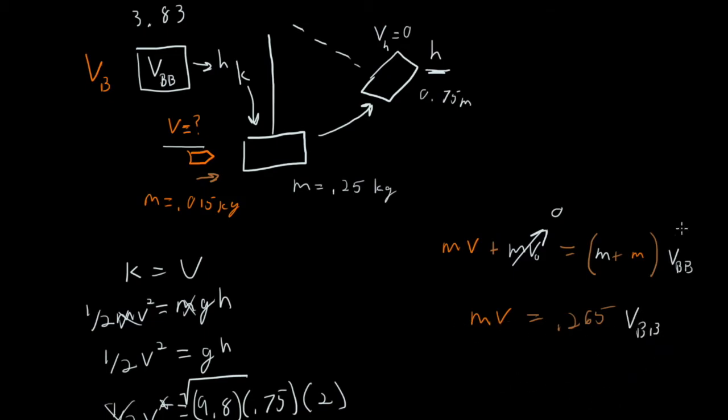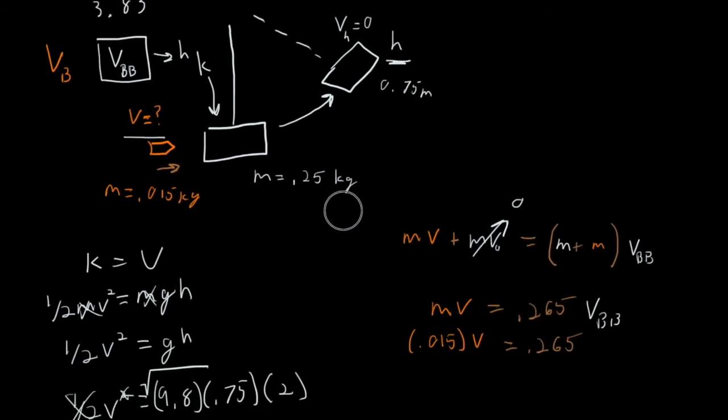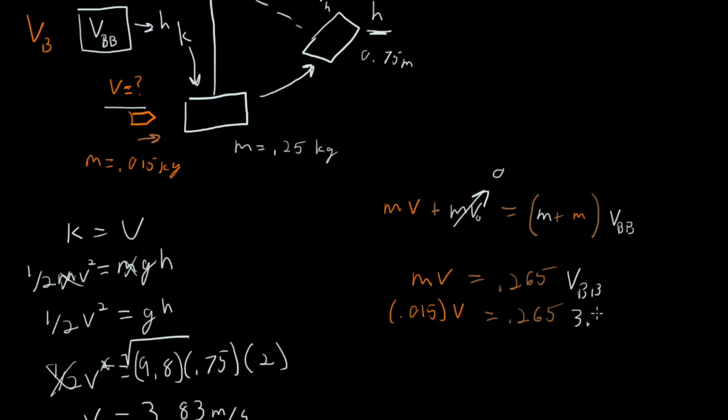And so we have these numbers, so we can plug those in. It's going to be 0.015 times velocity equals 0.265 times the final velocity, 3.83. So here on the right side, I get 1.015 equaling 0.015 times that initial velocity.